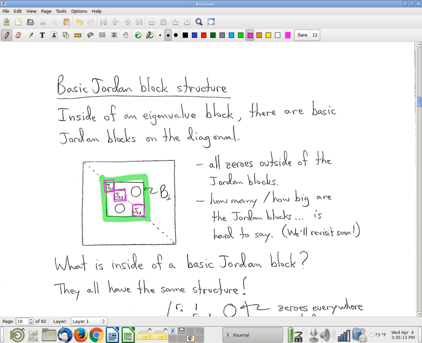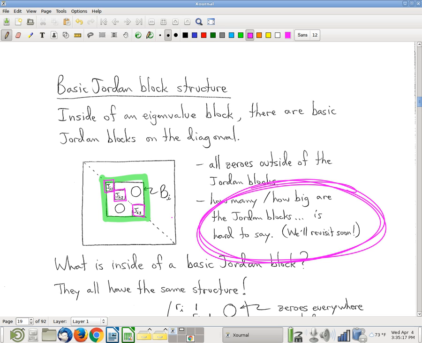And we punted. I made the observation that there's a long conversation there, and we'd have to talk about that later. Here I'm going to come back and fill in that blank. What these basic Jordan blocks correspond to is ultimately pretty natural, and I want us to see that now.